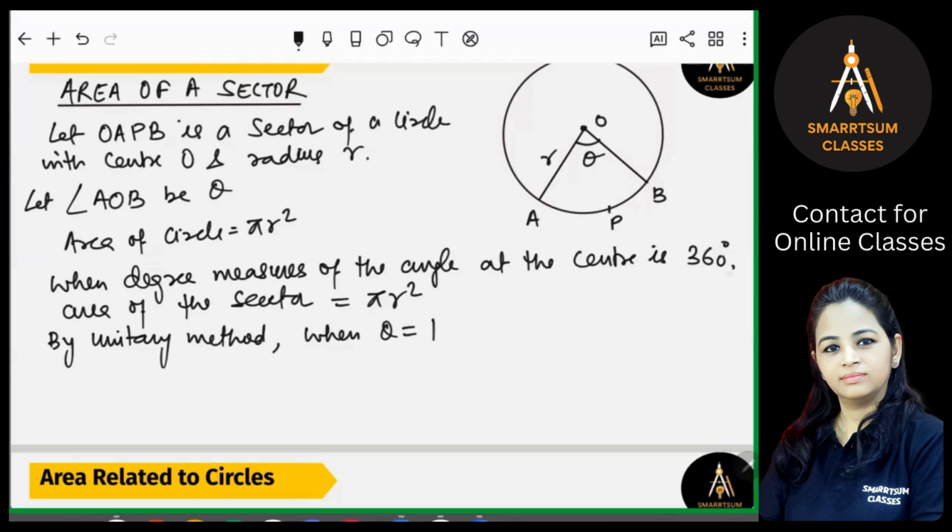Now suppose the angle at the center is 1, then the area of the sector will be pi r square upon 360 degrees, when theta is 1 by the unitary method.